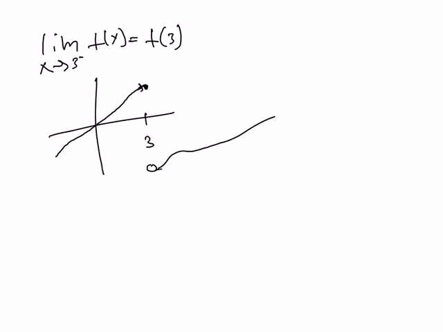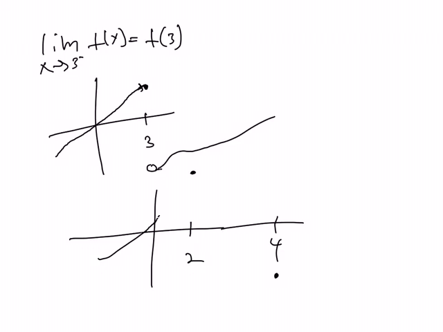Problem 6 says, sketch the graph of a function that has a jump discontinuity at x equals 2 and a removable discontinuity at x equals 4, but is continuous everywhere else.